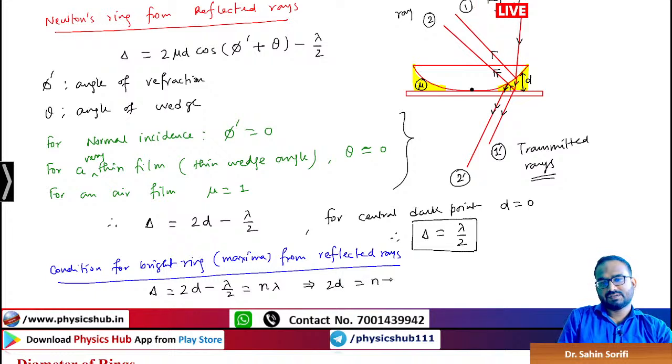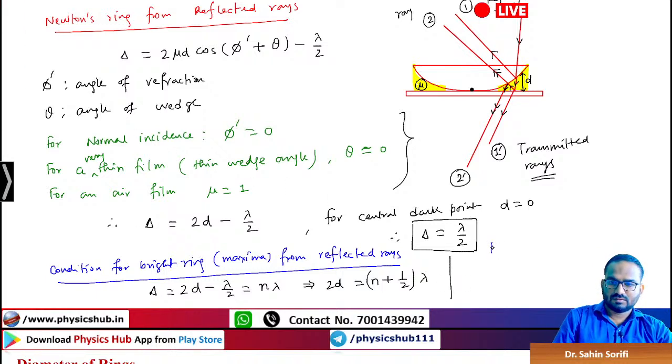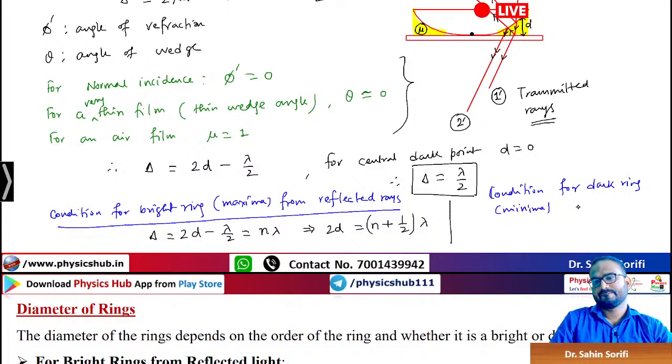That means 2d is equal to n plus half times lambda. The same condition, if you apply it for dark ring, minima from reflected rays, what do you get?